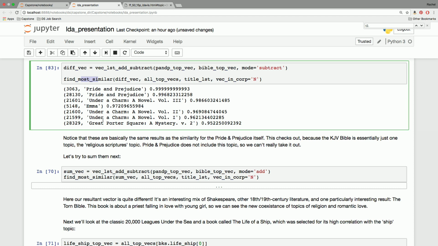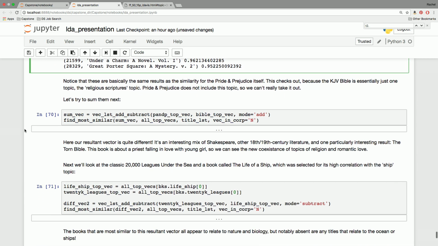So why is that? I think this checks out because Pride and Prejudice does not really contain that religious scriptures topic. And so when we took it out, I didn't let them go negative because it doesn't make sense. When we took it out, we really didn't actually take anything out of the text. So it's kind of Pride and Prejudice minus the Bible is the same as Pride and Prejudice.